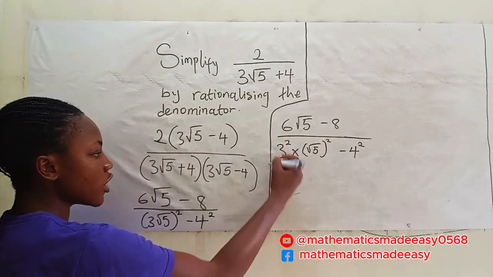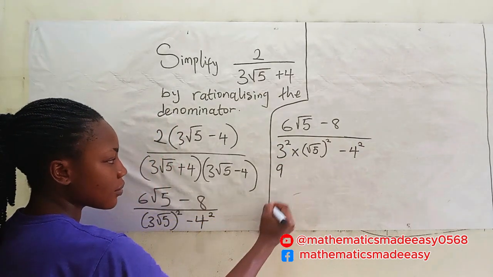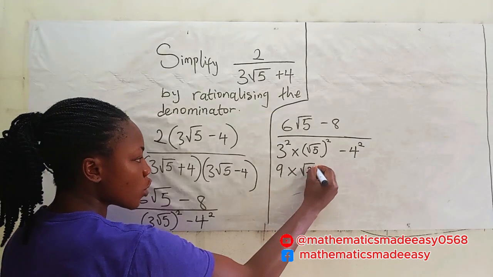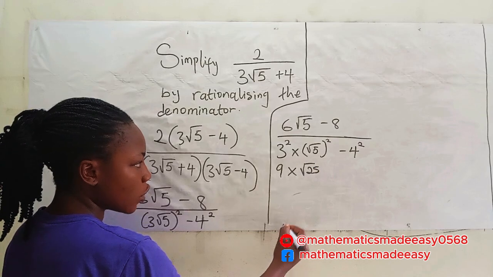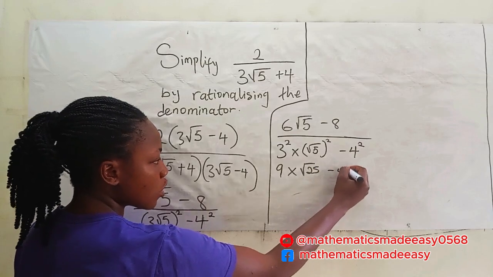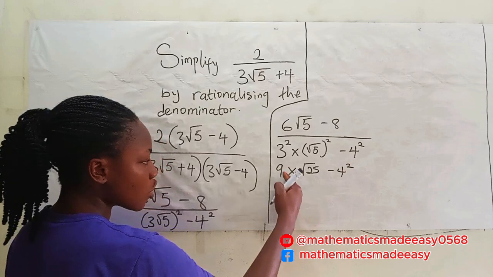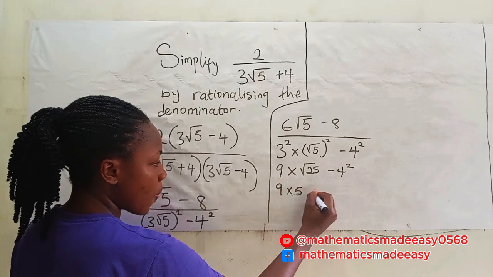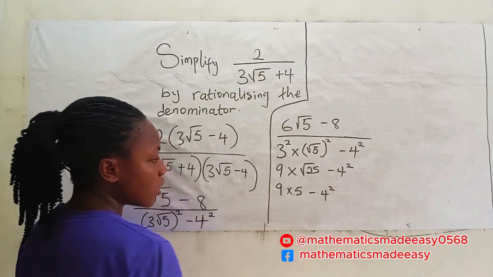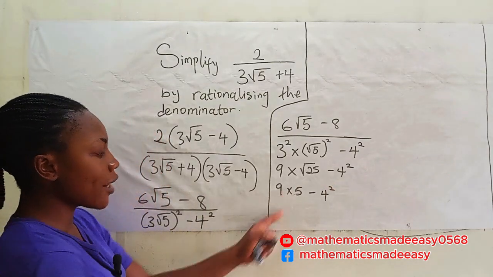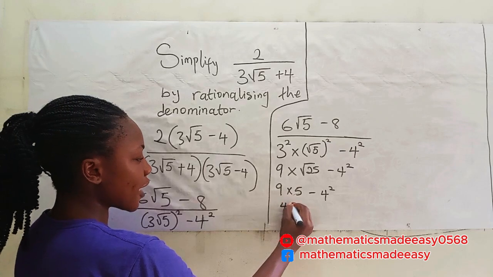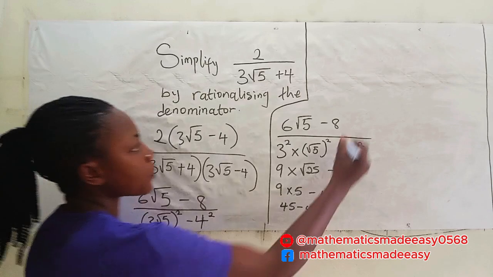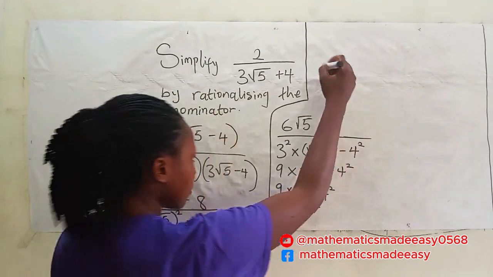All right, so here we are going to have 9 times root 25, okay, minus 4 squared. So here is 9 times 5 minus 4 squared. So here we are having 45 minus 4 squared, okay?